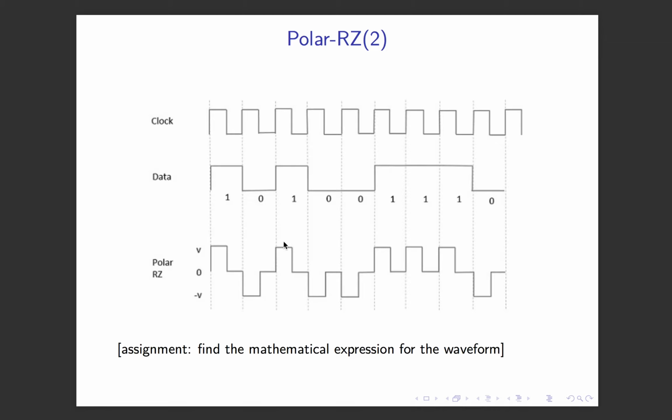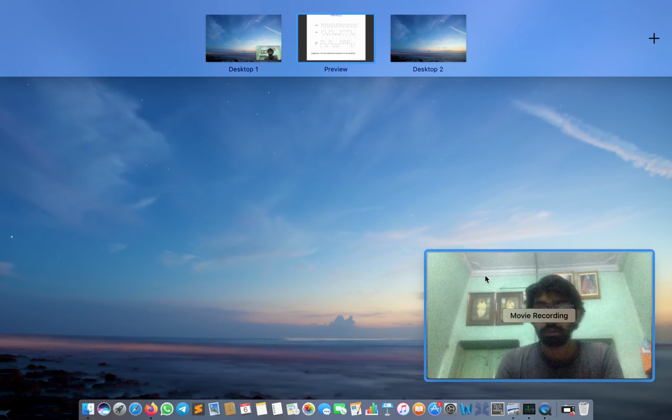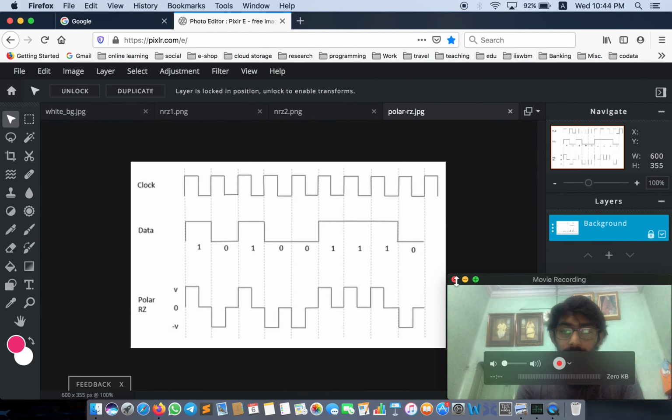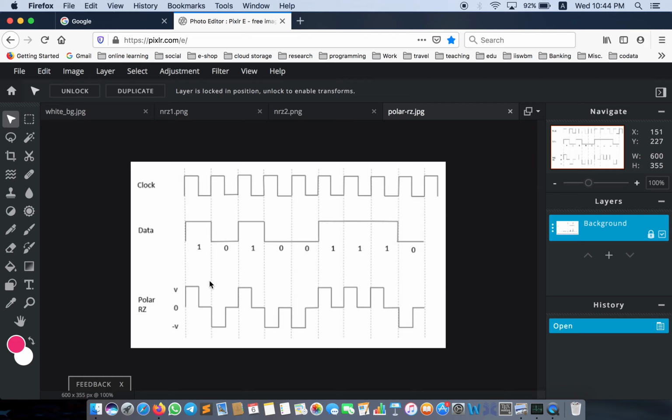And if we check the entire scheme, we get this waveform. Let's start with an example. Here this is 1 and here this is 0, right?